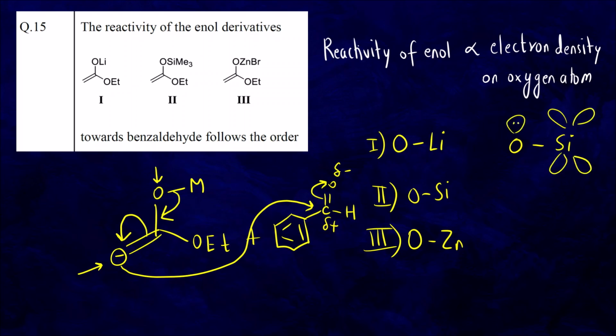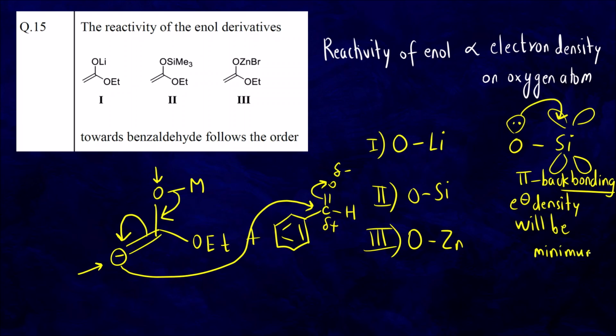The lone pair of oxygen can be easily donated to this empty d orbital of silicon and show pi back bonding. Since oxygen is donating its lone pair to silicon, the electron density on the oxygen will be minimum in the case of the oxygen-silicon bond.